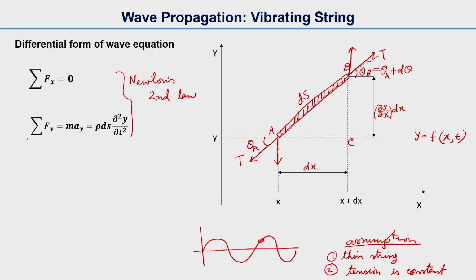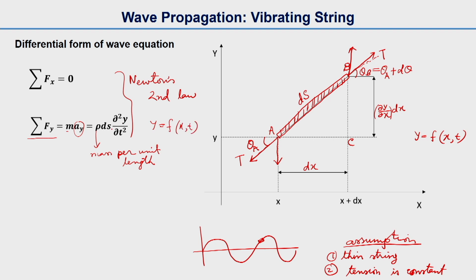So basically for the vertical forces, mass multiplied by the acceleration in the y direction, where rho is what we call the line density or mass per unit length, and as we know y is a function of x and t.